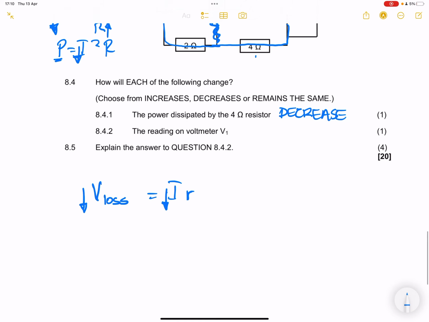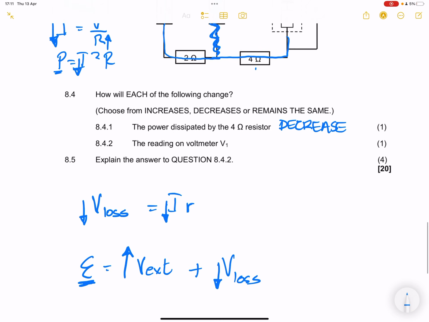Now, we know that EMF is equal to V external, which is V1, plus V loss. Because EMF stays constant, once we decrease V loss, V external would have to increase. So the value of V1 will increase.